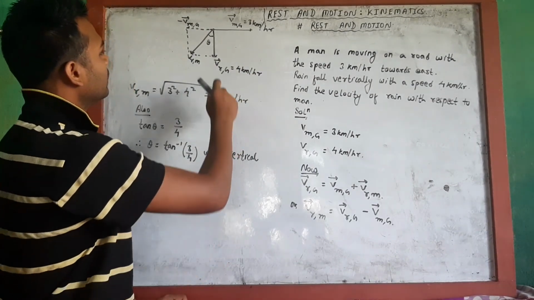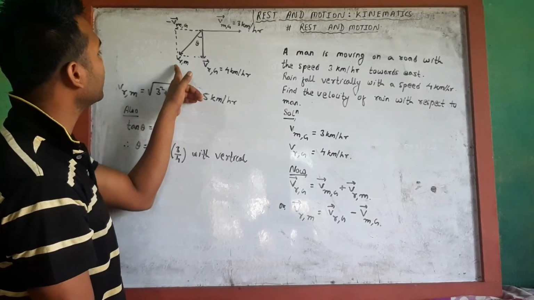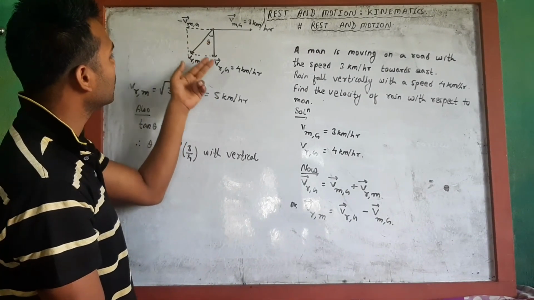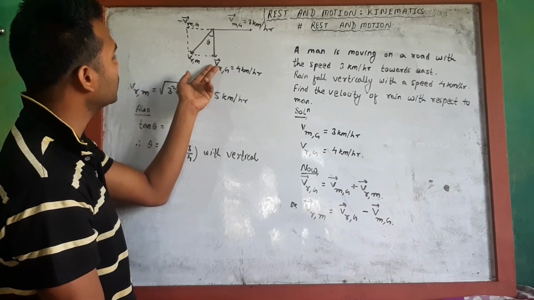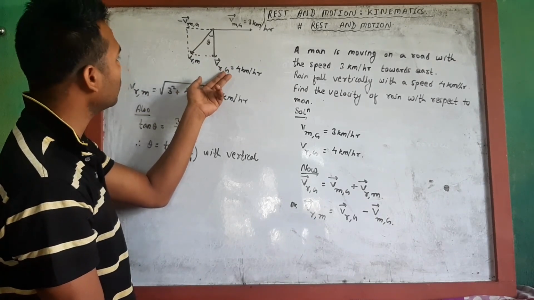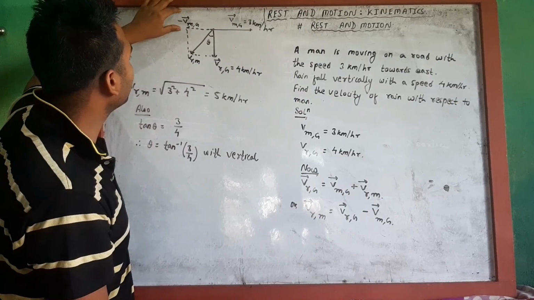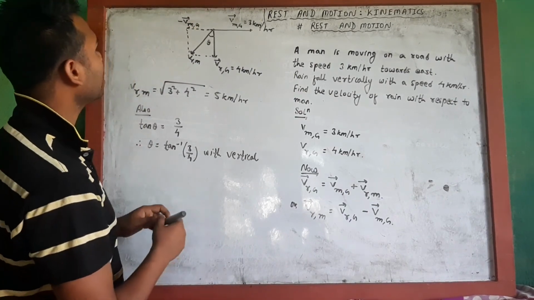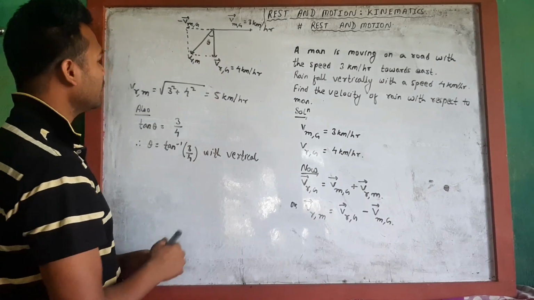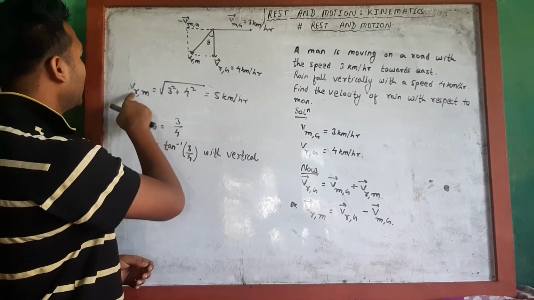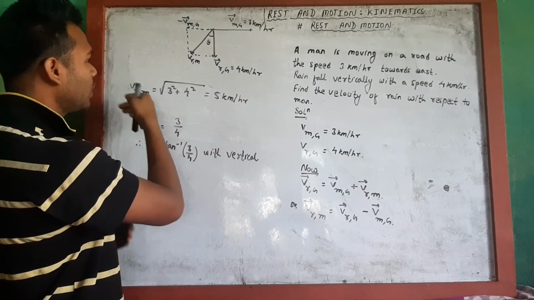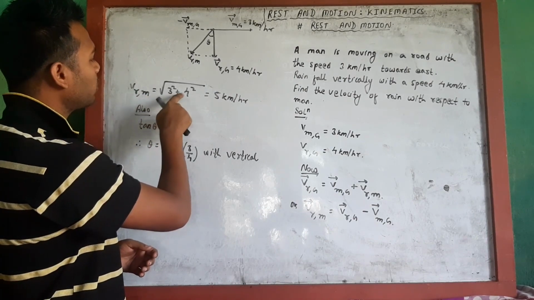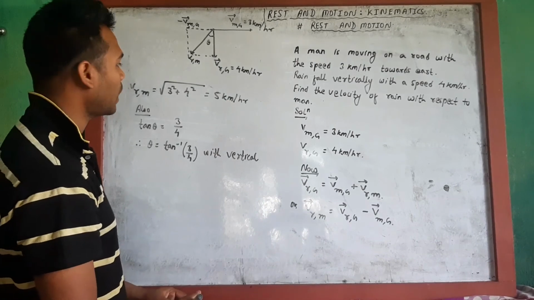Now the velocity of rain with respect to man will be obtained by addition of the vector velocity of rain with respect to ground plus the negative of the velocity of man with respect to ground. Since the angle between the vectors is 90 degrees, we can find the magnitude of the velocity of rain with respect to man: root under 3 square plus 4 square, which is equal to 5 km per hour.